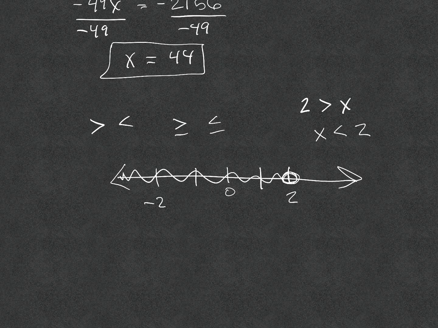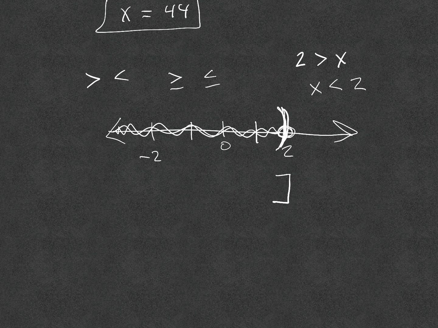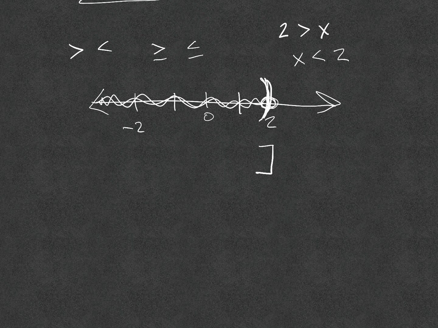Now you should also know that most algebra books today use a parenthesis, and then you fill that in. And if it includes the 2, then you would be using a bracket. And this is helpful for the notation. For example, given x is less than 2, I can do this. I know that doesn't include. It's a less than or greater than, so we have parentheses on both sides for the notation.